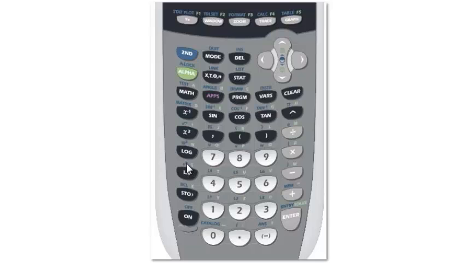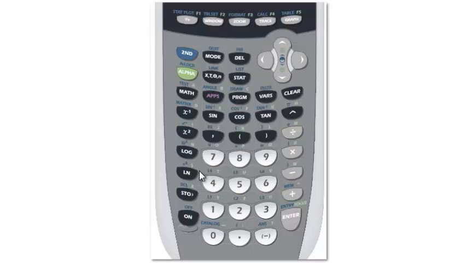But there are actually 2 things above it. If I wanted the blue one, which is e to the x, then I would need to push the blue second key and then the ln button, and that would retrieve the feature of e to the x. Alpha is to see all of the alphabetical letters, and all of those are in the green. So if I wanted to pick the S, then I would push the alpha button and then the ln button, and that would tell the calculator to select the alphabetical letter S. So each key has basically 3 different purposes.